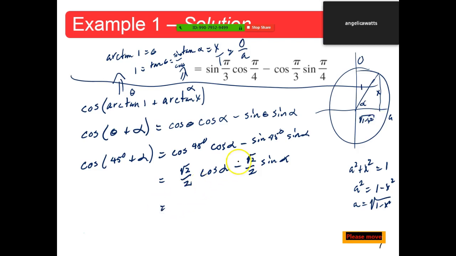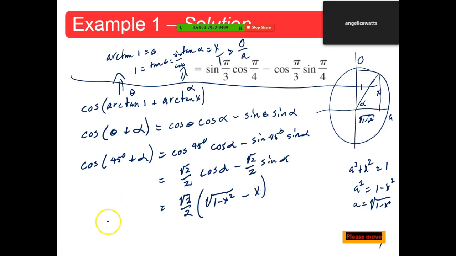So let's write them in now. That would be, let's factor out the square root of 2 over 2. That's in both terms here. And then your cosine alpha is the square root of 1 minus x squared, minus, we factored out the root 2 over 2, and sine is opposite over hypotenuse, which is just x.